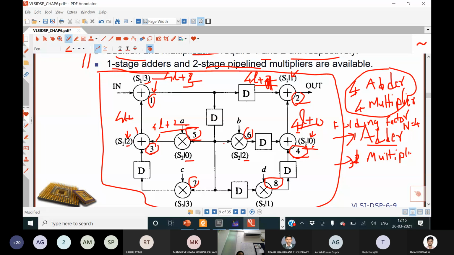For 5, which is the multiplier, you should know the pipelining, how many stages. Yesterday we discussed that when we have a node and an edge connection in between, we should know the pipeline stage of the source node.